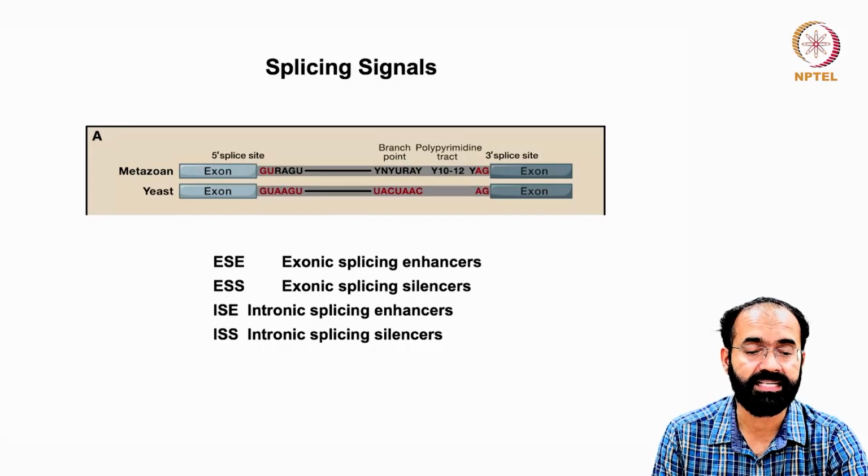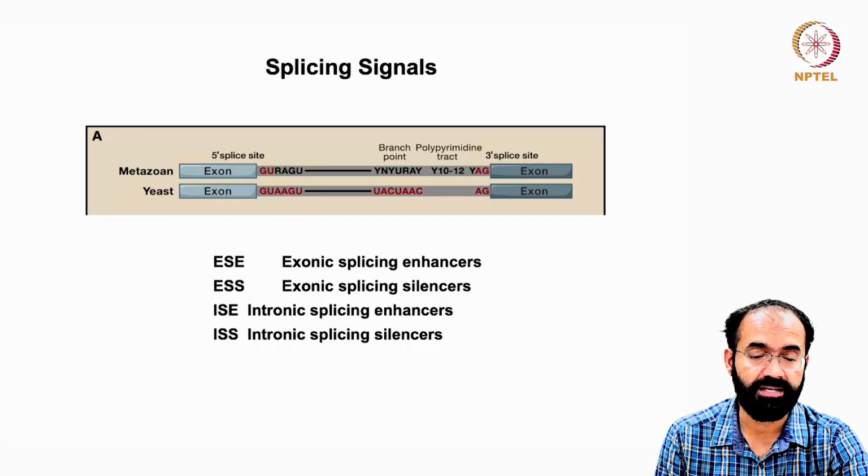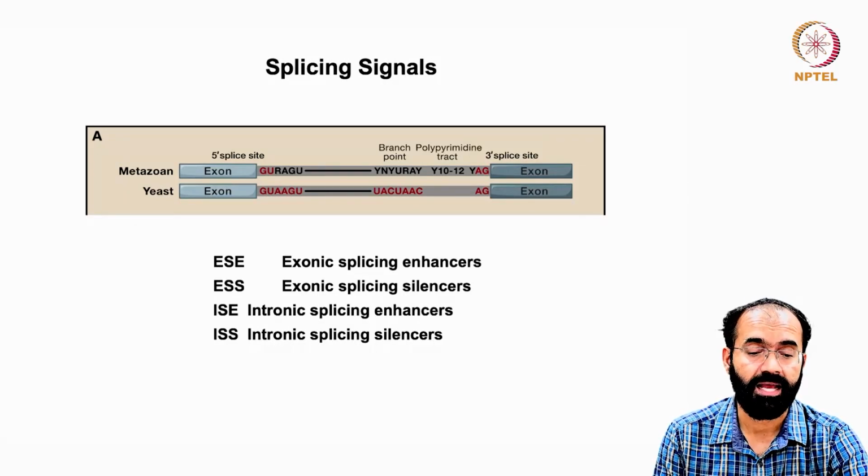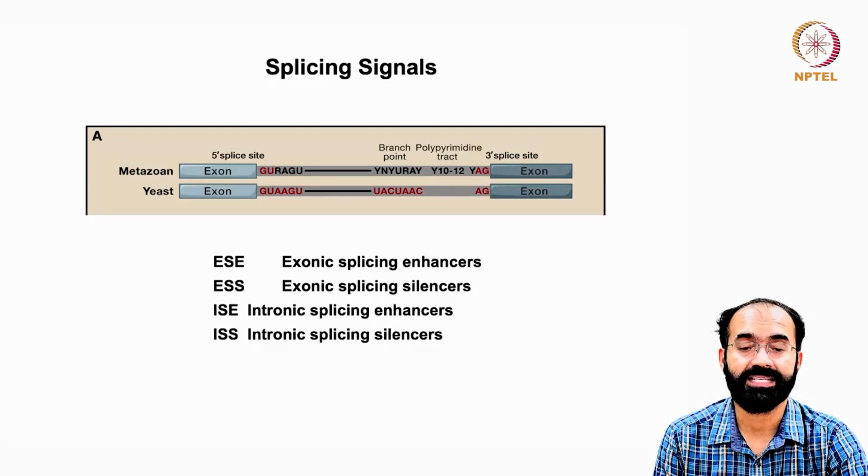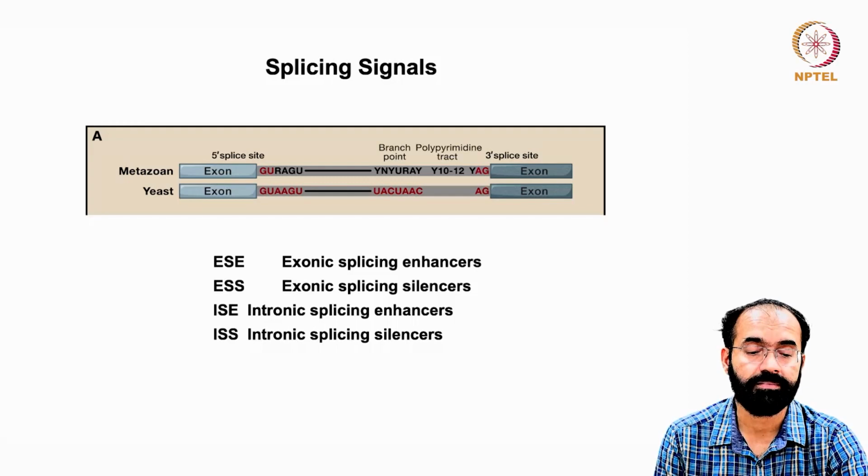And the splicing signals, when you look further, can be classified into 4 different categories. The first of them is ESE, exonic splicing enhancers, and ESS, exonic splicing silencers, and ISE, intronic splicing enhancers, and ISS, intronic splicing silencers.